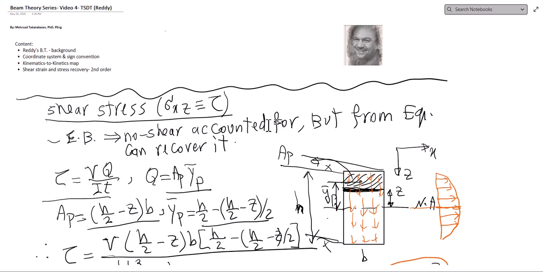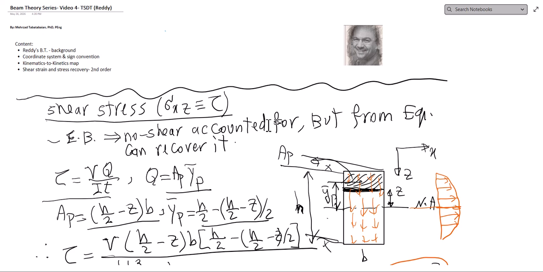In the next video in this series, I will go through a formalism, shall we say, or a framework, which is not a theory, but is interesting in that it creates a format, a framework, for all of these theories. We can make some assumption about the order of the theory, and that is CUF, Carrera Unified Formulation.